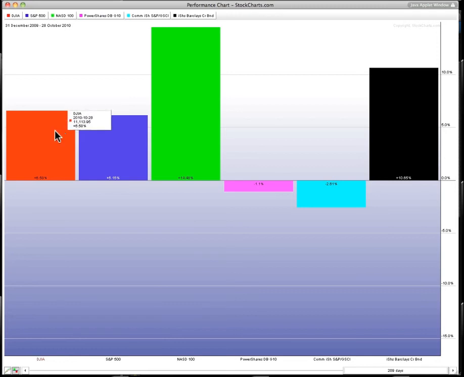For equities, I'm using the Dow Jones, the SPOOS, that's the S&P 500, which is the most widely accepted performance benchmark for equities, and the Nasdaq 100.